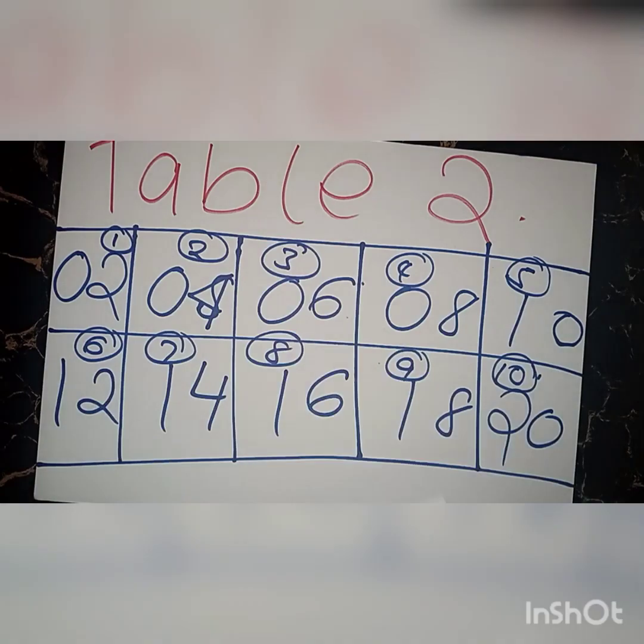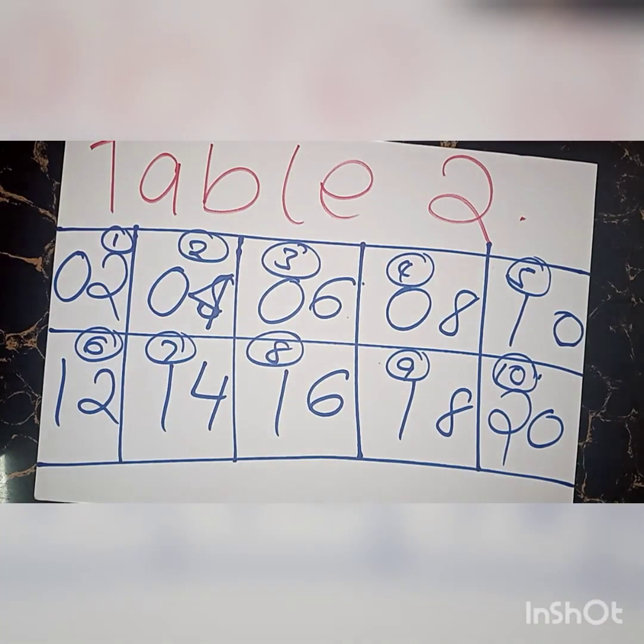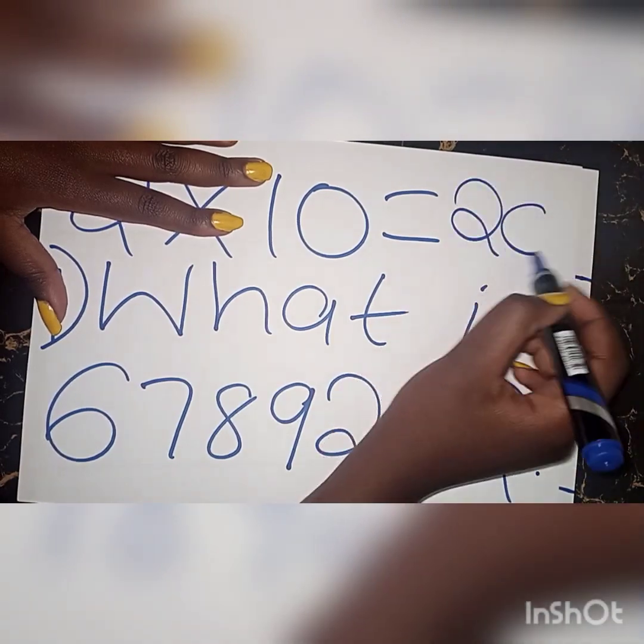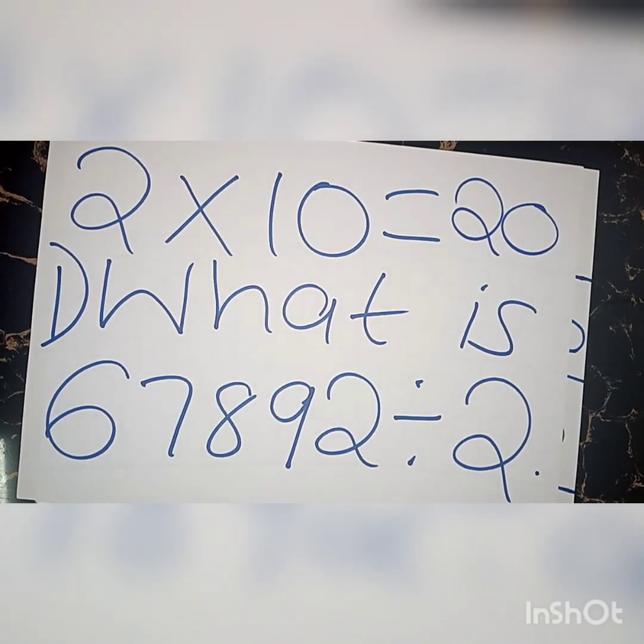And last but not least, 2 times 10 is 20. Okay? And with that, we have table 2. Okay? That's table 2 for you. So that was quite easy, right?